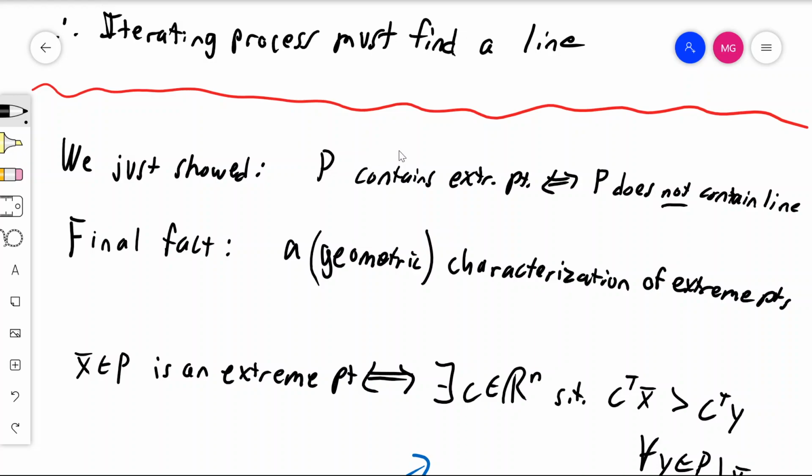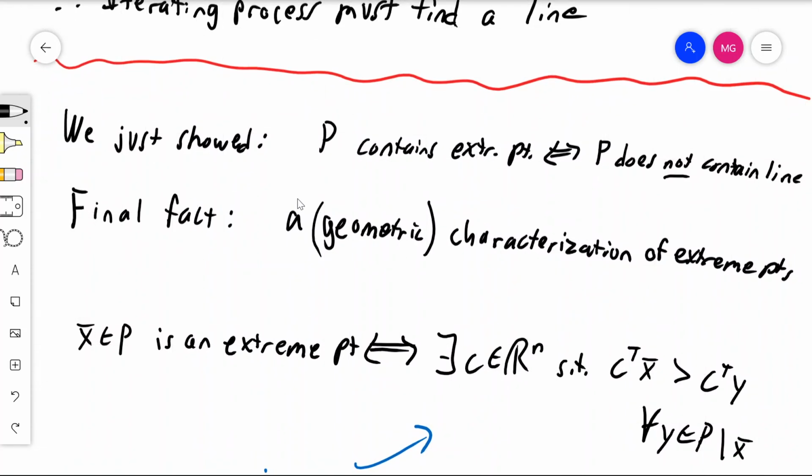That's the level of the polyhedron, and before we had something at the level of a particular point, whether or not that particular point is extreme. This is just overall whether we have an extreme point. So this final fact is a geometric characterization of extreme points. We're zooming back into the level of a particular point of the polyhedron.